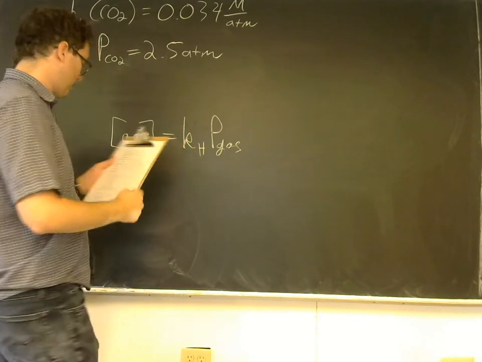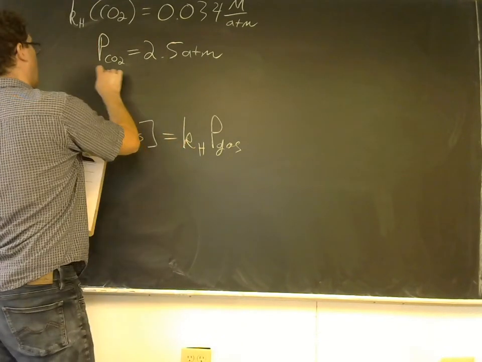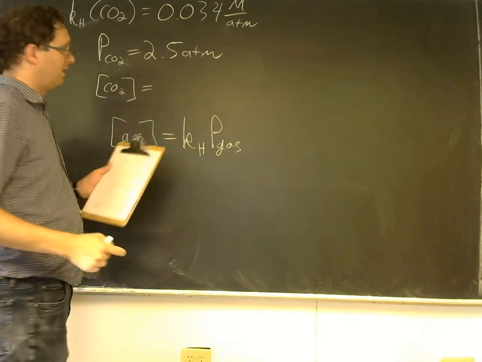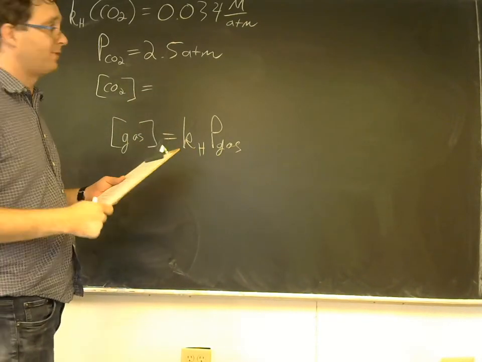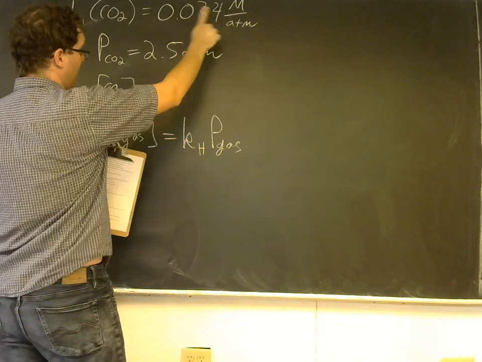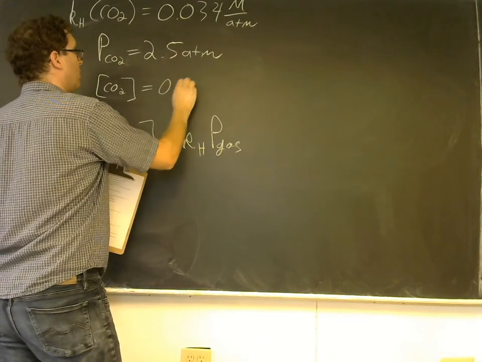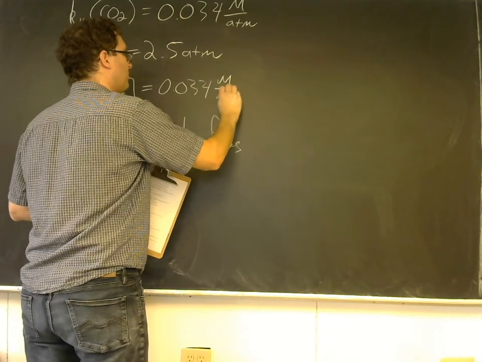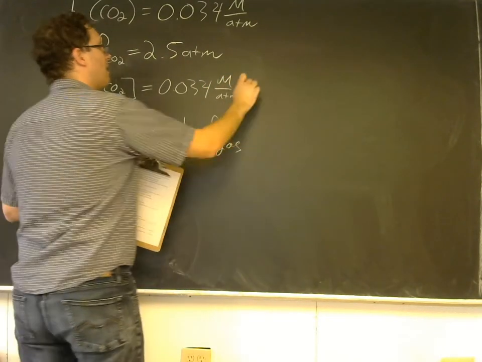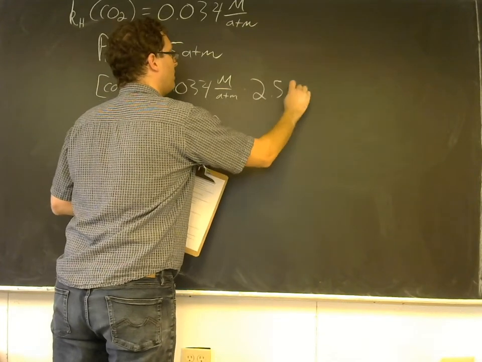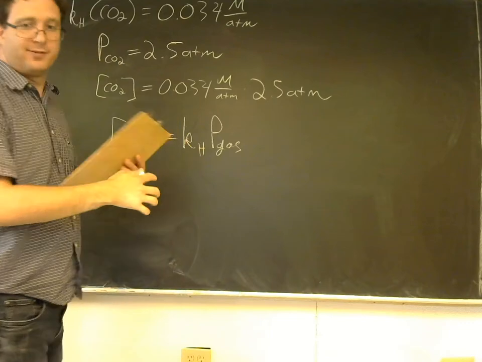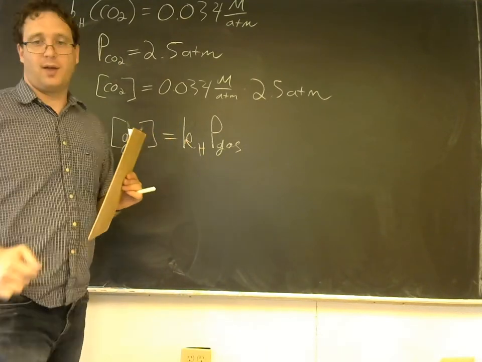So what is the molar concentration of carbon dioxide in a can of soft drink from the store? Well, we'll take that Henry's law constant, 0.034 molar per atmosphere, and we'll multiply it by that 2.5 atmospheres of partial pressure.